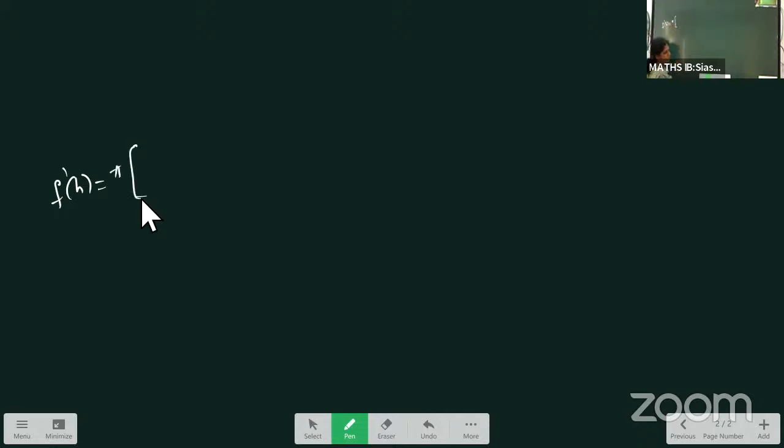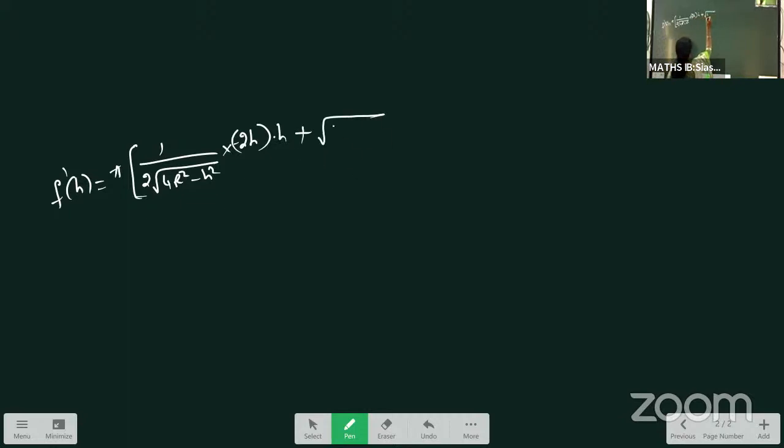Under root of 4r square minus h square is in the concept of root x. So we can write 1 by 2 root of 4r square minus h square into internal derivative, h square derivative minus 2h, into h as it is, plus again under root of 4r square minus h square as it is into h derivative, which is 1.